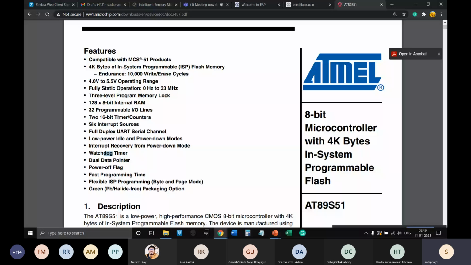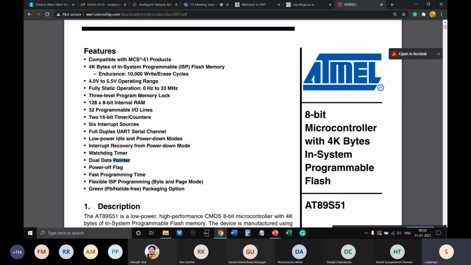Then dual data pointer. So in 8051, program space and data space are different. In the memory map, we have seen that the first few locations are reserved for program, and later on we are using RAM and registers for data. So here in 8051, you can have two different counters available. One is the data counter or data pointer, you can say.